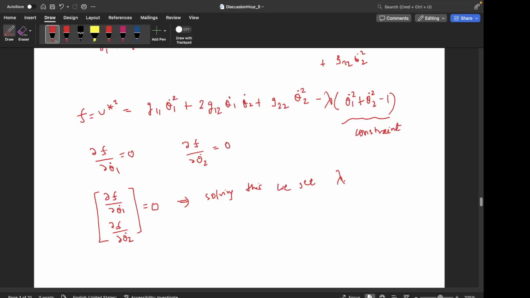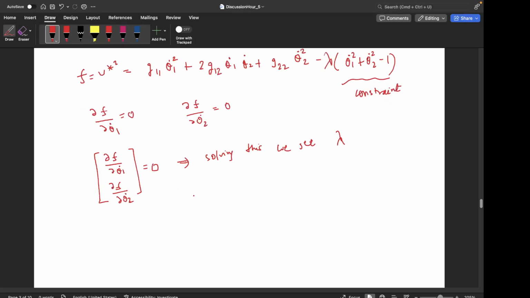We get lambdas. So if you do this, we get an equation in this form, right?